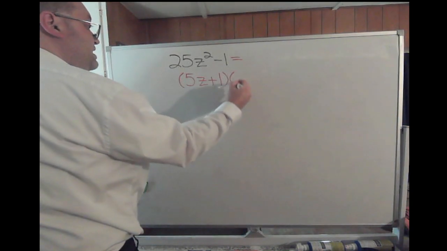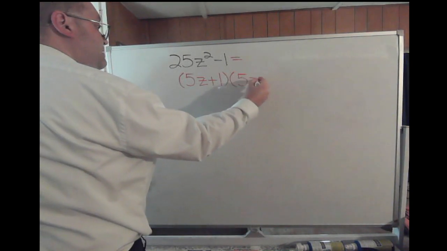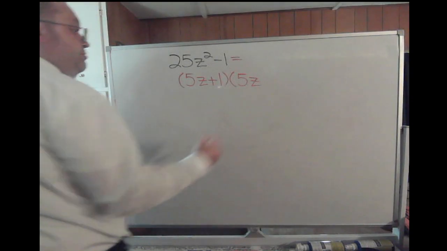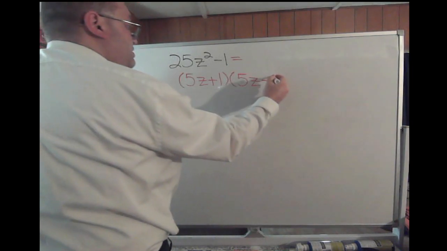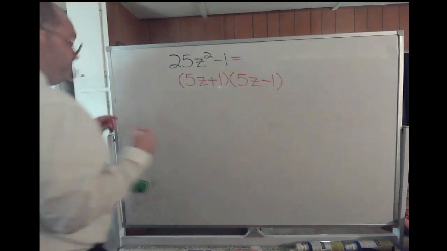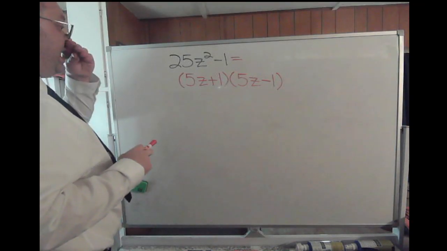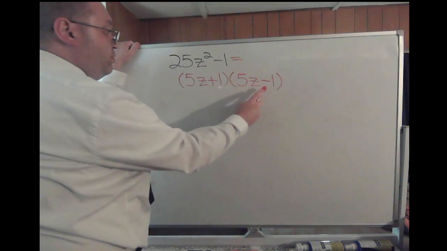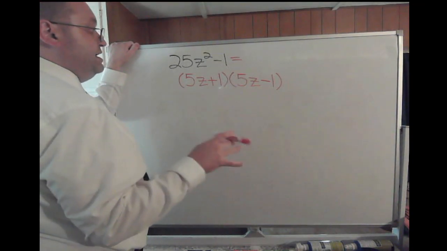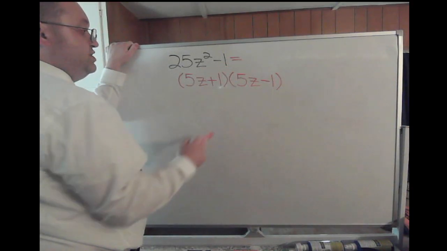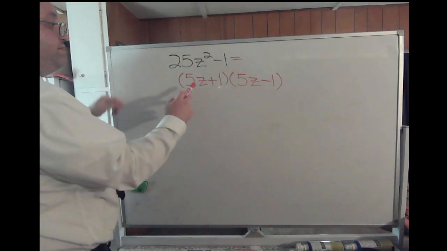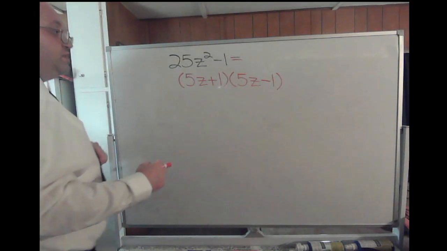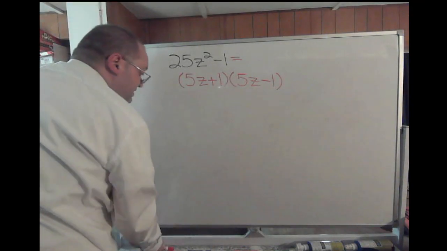Then you do that times the quantity of 5z minus the square root of 1, which would also be 1. So you're going to have 1 plus the root and then 1 minus the root every time for your second term. So you'll get the quantity of 5z plus 1 times the quantity of 5z minus 1.